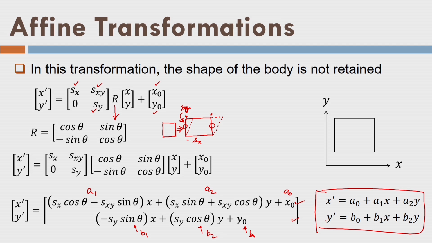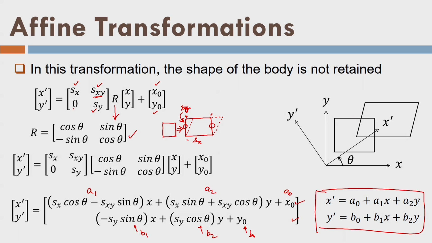What happens now? Let us see, this is the new axis x dash y dash like this. This is the angle theta, which is represented by the rotation matrix theta here. So, that is still only theta rotation here, and then this rectangle has become a parallelogram. For this change, I can see that sxy has played a big role here.